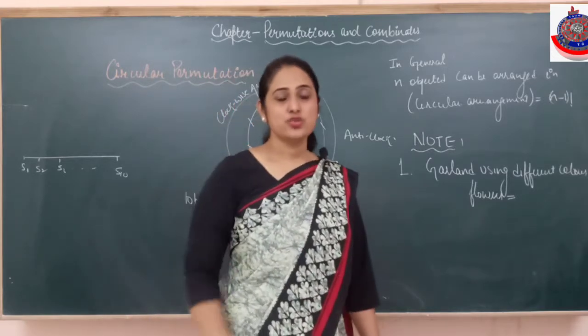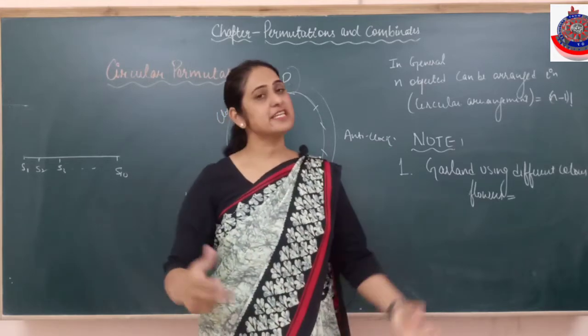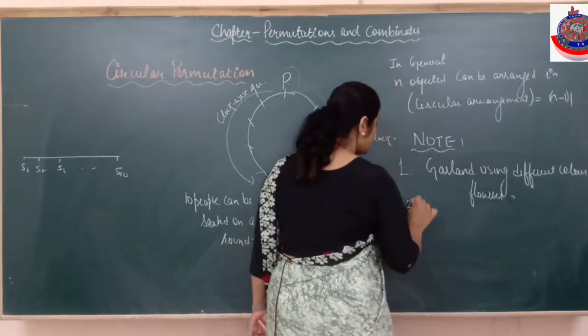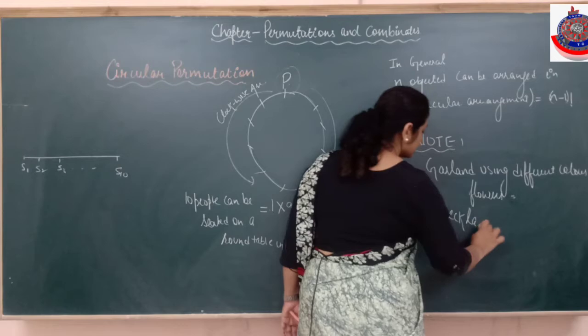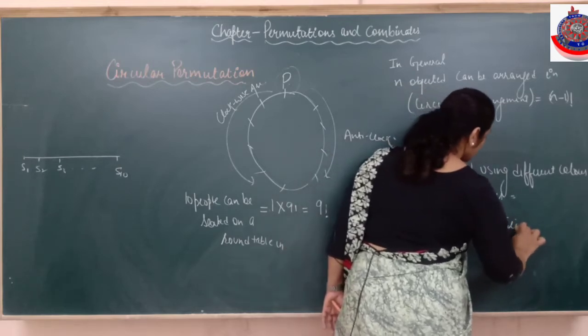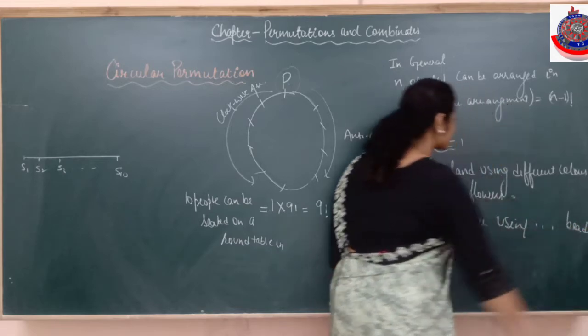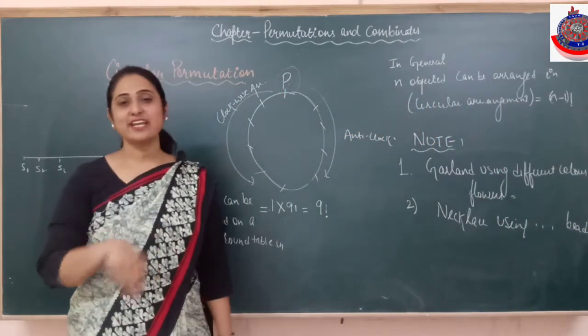Is it clear? You see from clockwise or you see from anti-clockwise, it cannot be distinguished. So in that case, you are making a necklace using different color beads. If you see the necklace towards the end, it is all fine. You see from clockwise or anti-clockwise.